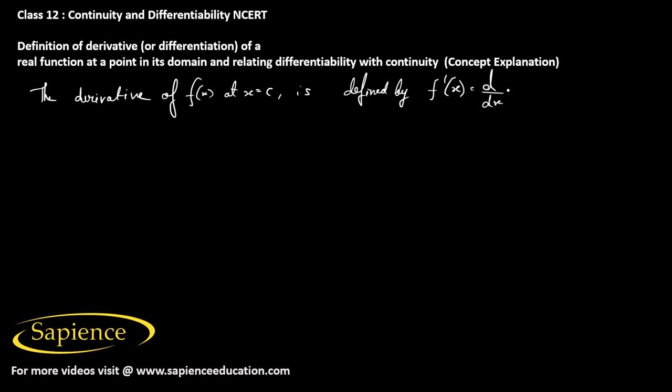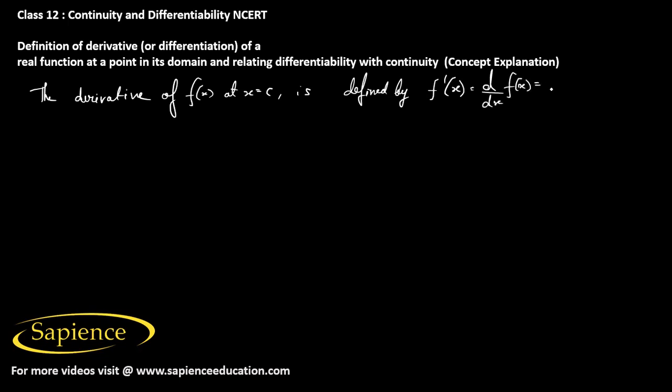So we know that the derivative of a function f of x at x equal to c is defined by f dash x, which is equal to d by dx of f of x.